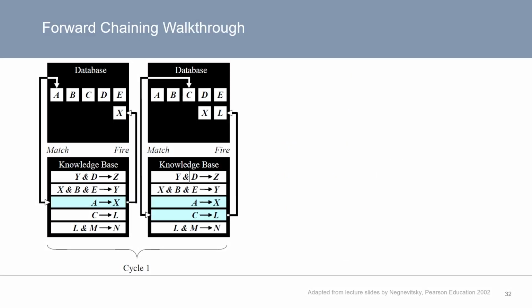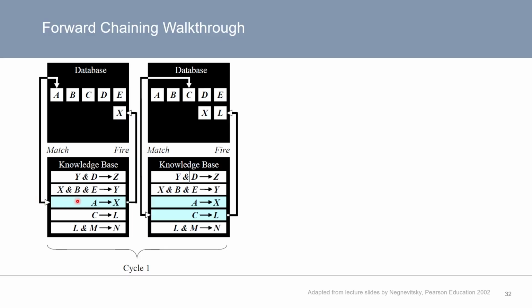Now let's walk through a slightly more complex example of forward chaining inference. Let's say that we start with this fact base, where A, B, C, D, and E are all facts, which could have been hard-coded into the system, or they could have been provided by the user. So now we take a look at our first fact, A, and see if it activates any of the rules. In this case, it does.